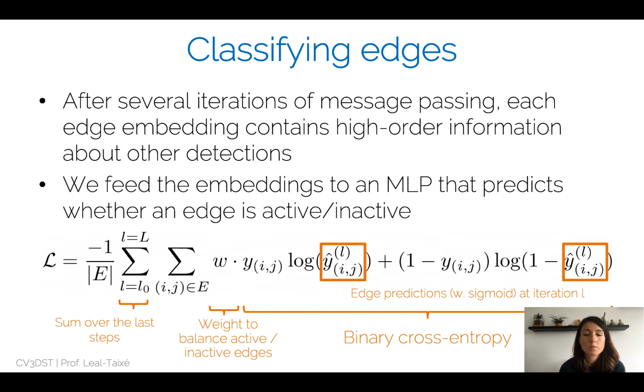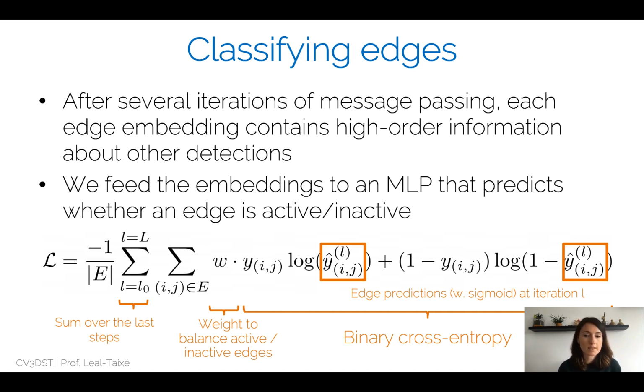And finally, we're not going to only compute the prediction loss at the last step of the message passing, but we're going to make this edge classification for each of the last, for example, L message passing steps, and we're going to aggregate these predictions. So essentially we perform a total of 12 message passing steps, for example.